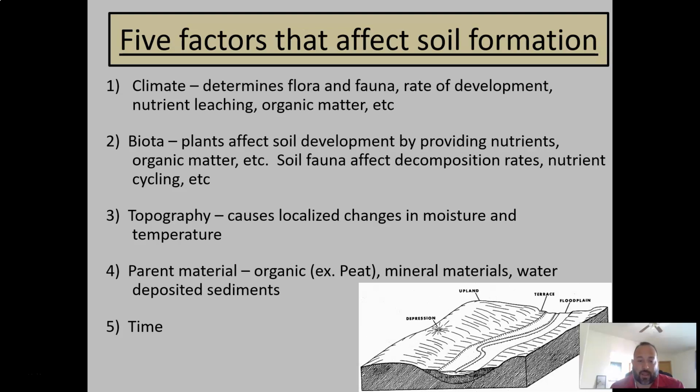For this area, it's a lot of alluvial parent material. So water deposited sediments. The Kern River floodplain is basically all of Bakersfield. At one point in time, the Kern River was big enough that all of Bakersfield was underwater, and it all flowed out towards the Pacific Ocean.